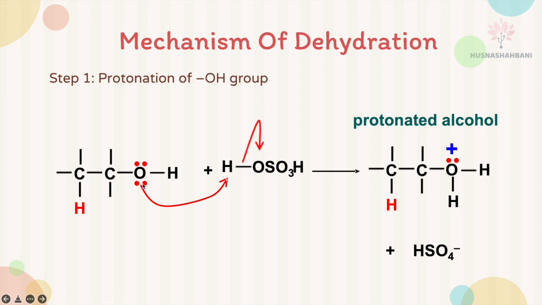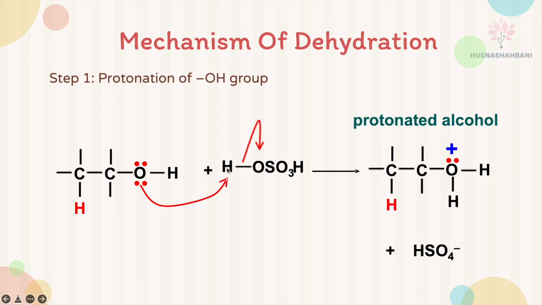So the mechanism starts with the electron-rich oxygen attacking the hydrogen in H2SO4. It attacks the hydrogen in H2SO4 because the hydrogen here is the electron-poor site, since the O is electron rich.